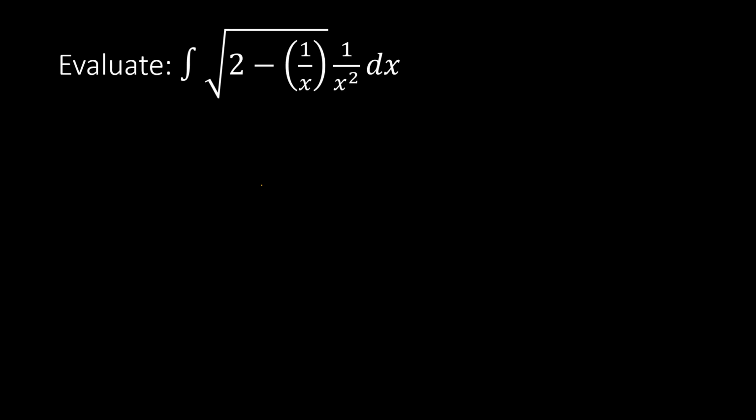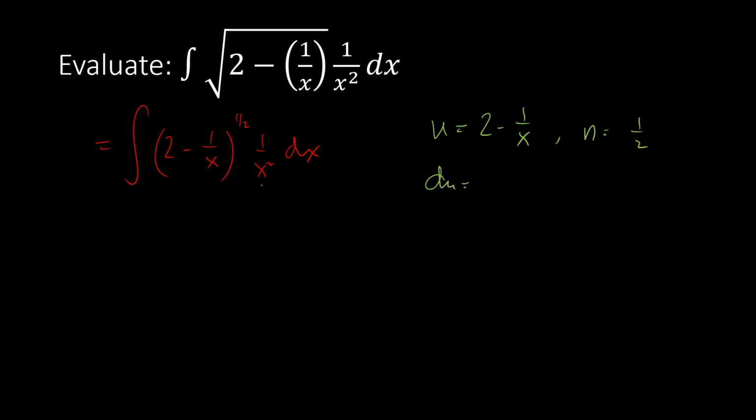Next, let us evaluate the integral of the square root of (2 minus 1 over x) times 1 over x squared dx. We may rewrite our integral as (2 minus 1 over x) raised to 1/2 times 1 over x squared dx. Let u be equal to 2 minus 1 over x. Your n is 1/2.